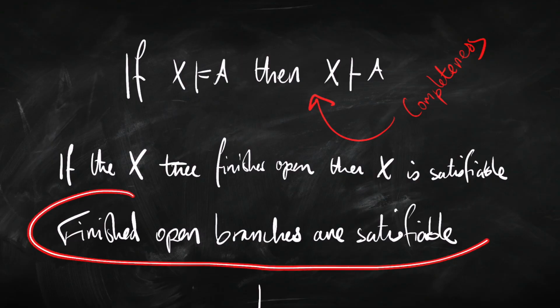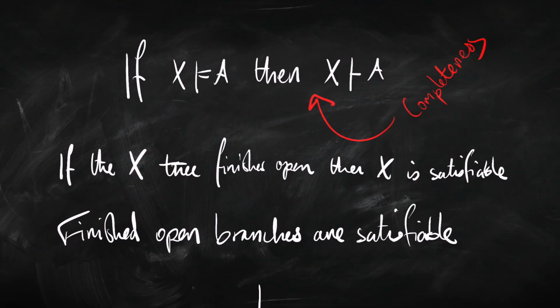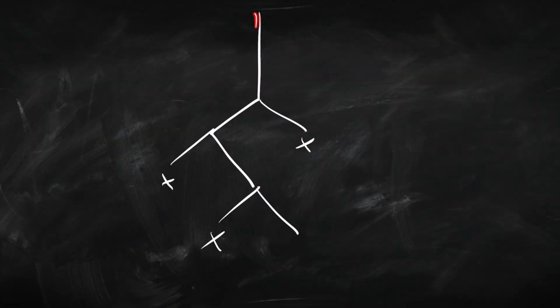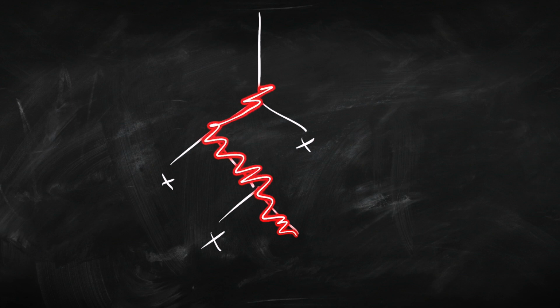Okay, so we need to show that finished open branches are satisfiable. How are we going to do that? We're basically trying to show an if-then. If this branch finishes open, then all the sentences on it are together satisfiable. That set of sentences is satisfiable. And to prove an if-then, we assume the if bit and we try to show the then bit.